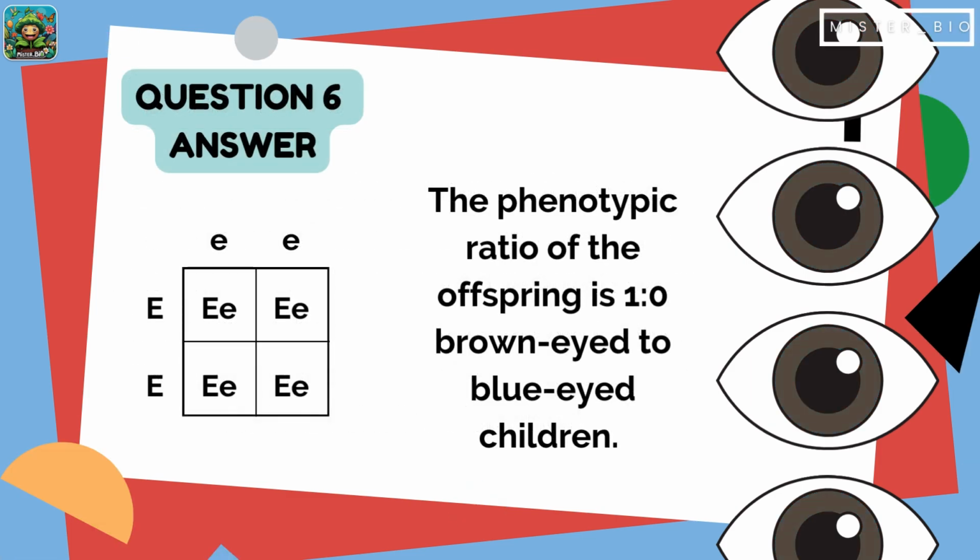Now, again, with the use of the Punnett square, by the way, the Punnett square was actually invented by the geneticist Reginald Punnett way back in the 1900s. So, the phenotypic ratio of the offspring is 1 to 0 brown-eyed to blue-eyed children.